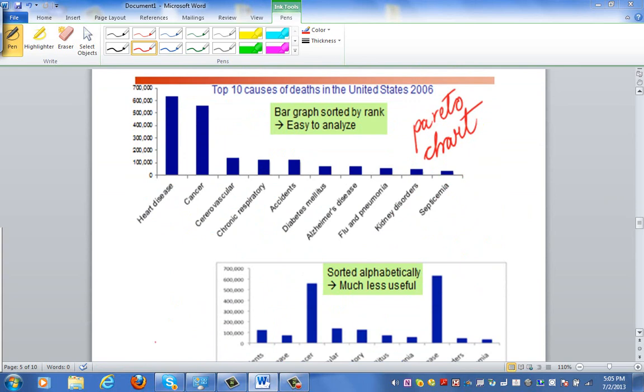Notice that when I have the bar graph in decreasing order of height, that's also called a Pareto chart.